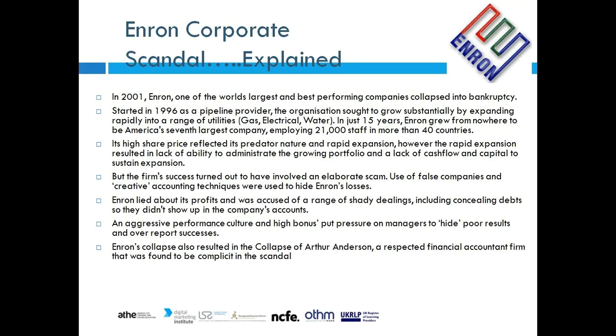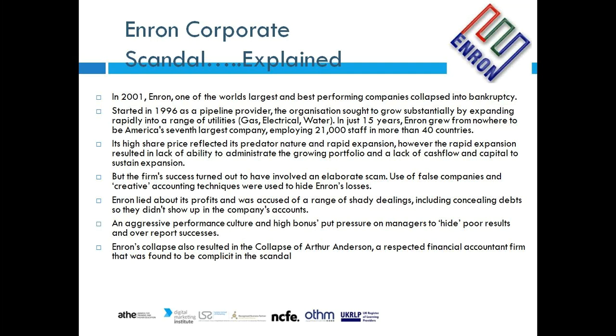They transferred amounts from one period to another, and did not follow the accrual and matching concepts properly. Enron lied about the profit and was accused of a range of shady dealings, including concealing debt, so it did not show up in the company's accounts.